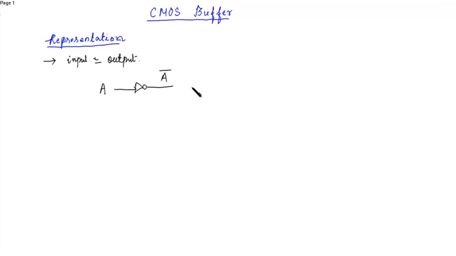Now what should I do in order to obtain A again? This can be obtained as A bar whole bar, that is equal to A. So here we have to add one more inverter.